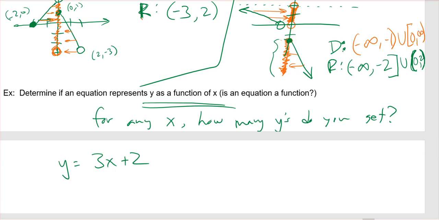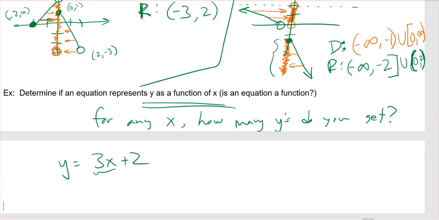If I had any number at all and multiplied it by 3, how many numbers are you going to get? If I multiply 2 by 3, I get 6. I don't get two things, I get one thing. So this is only going to give us one number.